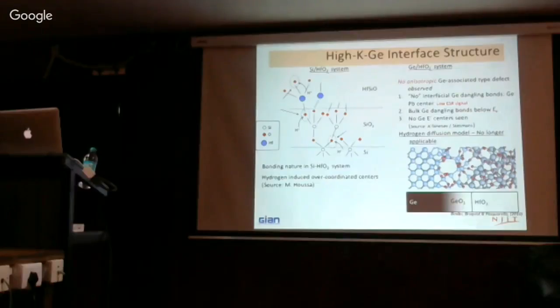The dangling bond energy is below the valence band, not in the band gap of germanium, so that's why you don't see it. So the hydrogen diffusion model that we used is no longer valid for germanium. Some people are trying to find out if there is hydrogen present in the germanium crystal. Maybe we'll talk a little about that, with the experiment we did, tomorrow.